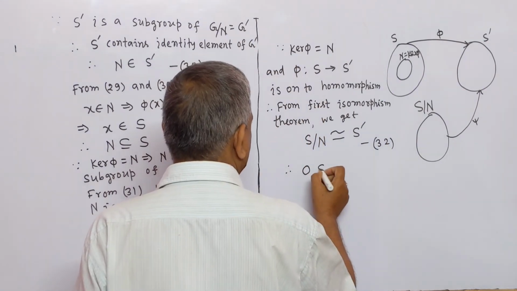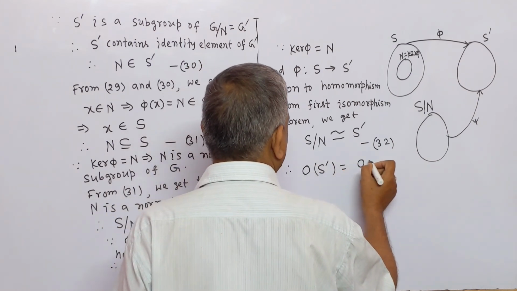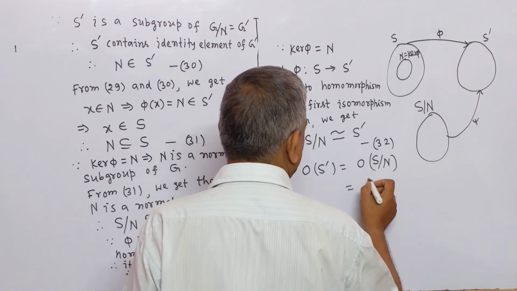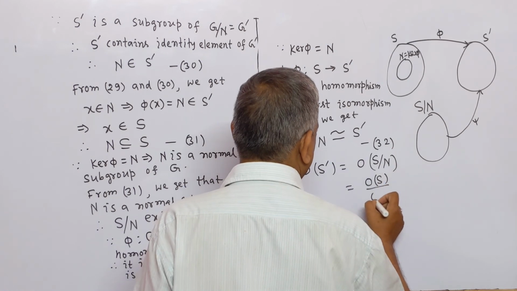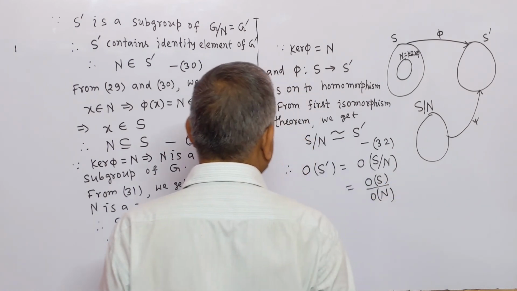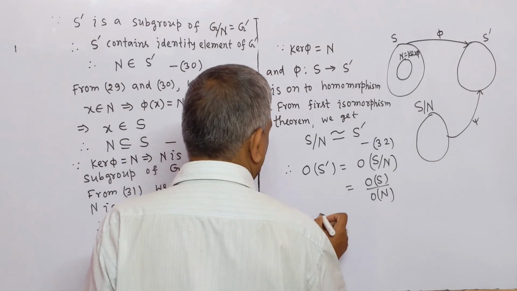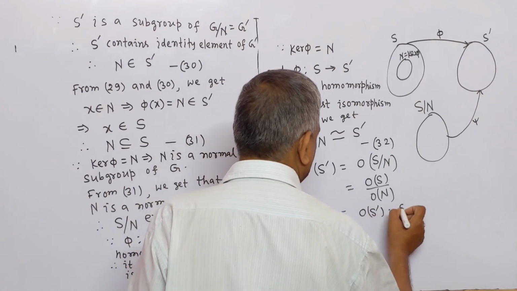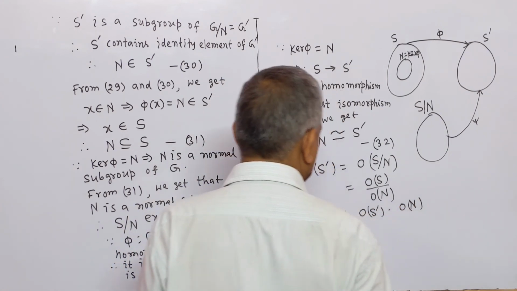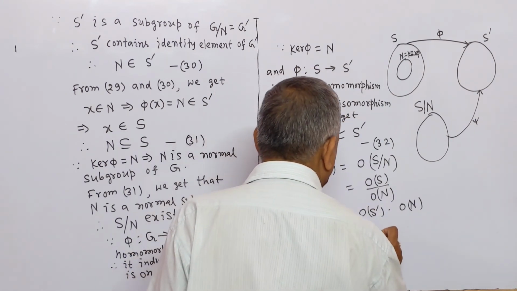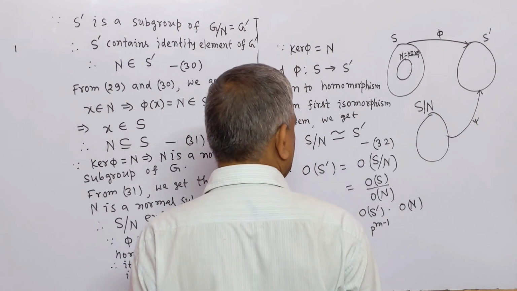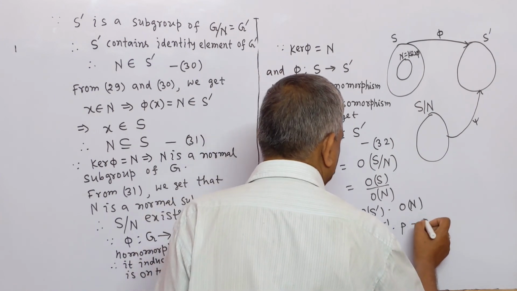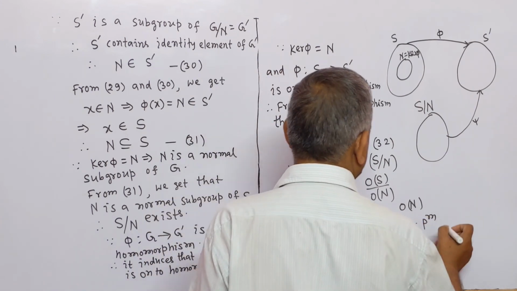Therefore, order of S prime equal to order of quotient group S by N. This equal to order of S by order of N, implies that order of S equal to order of S prime multiply order of N. Order of S prime is P to the power M minus 1 and order of N is P. This equal to P to the power M. This is 33.